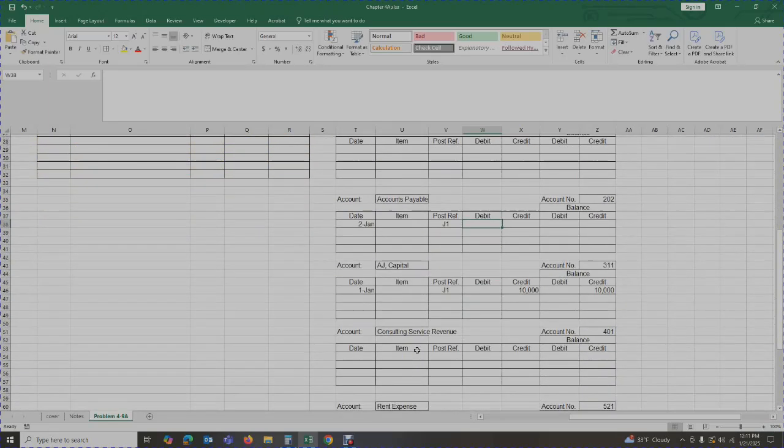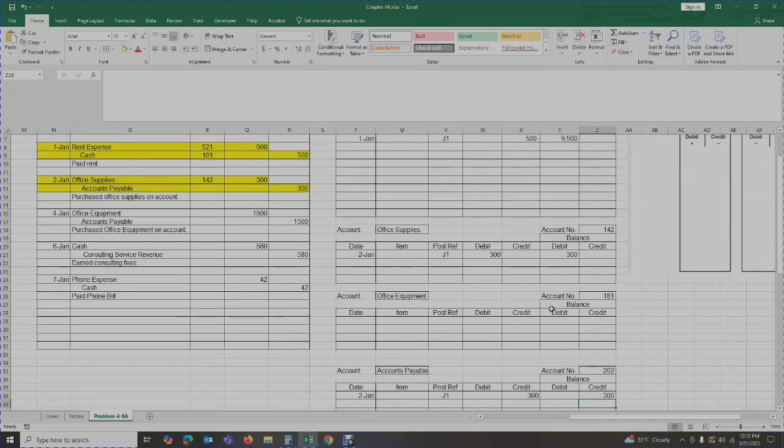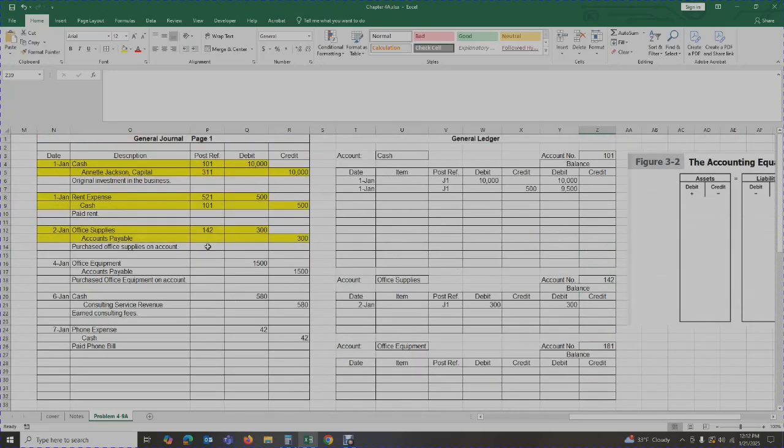Be very careful, okay? So we have a credit of $300. So that means that your balance for the accounts payable will be a credit of $300. You just carry the balance forward, okay? Whatever it is here, you copy it over here, okay? That takes care of my accounts payable. Now accounts payable is account number 202. We need to go back and put account number 202.